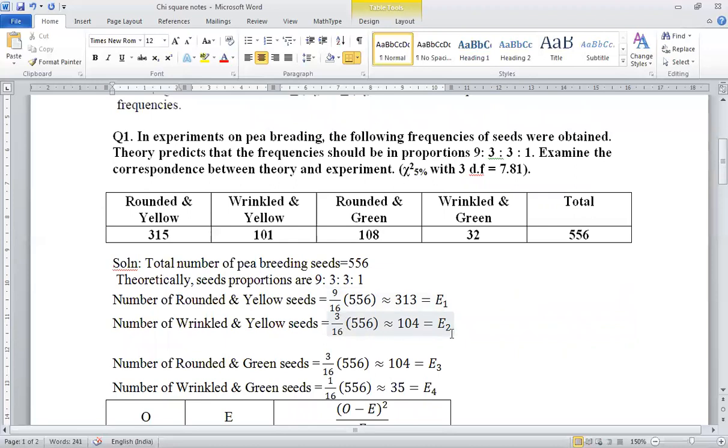We denote it by E2. Then rounded and green are 3 by 16 again of 556, which gives us again 104, denoted by E3. And finally, wrinkled and green is 1 by 16 of 556, which is 35, denoted by E4.